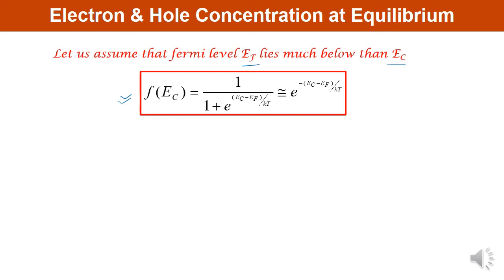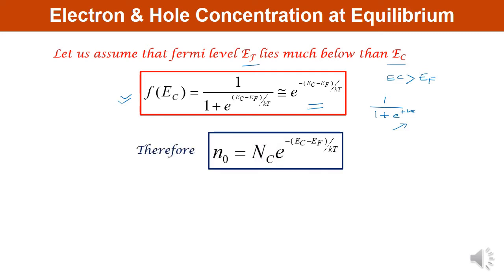Since EC is greater than EF, this term in the exponent will be positive, meaning 1 upon 1 plus e raised to the power of something positive, and the value of this exponential term will be much higher than 1. So this equation can be approximated as e raised to the power minus (EC minus EF) upon KT.